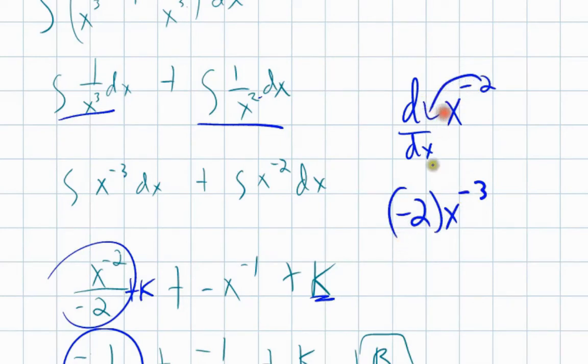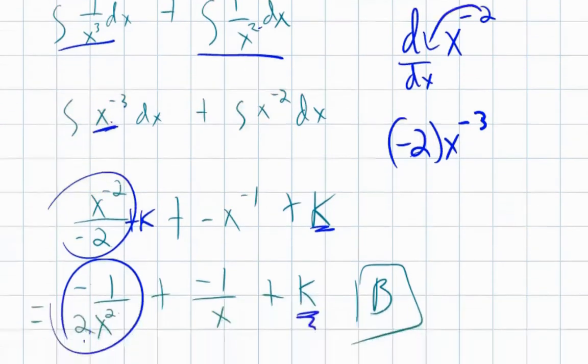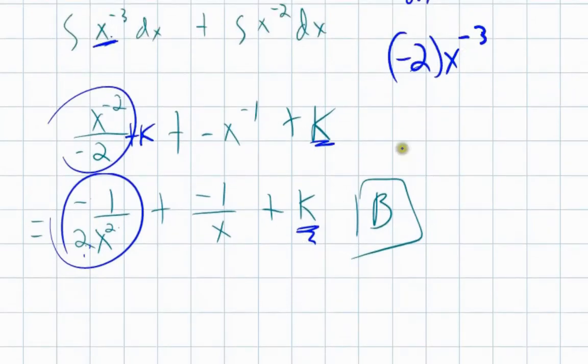Because this comes down, and then I subtract 1, which is almost where that started, but they don't have this negative 2 here, so I have to put negative 2 on the bottom here, so they cancel each other out. So you have to practice with your derivatives so you can think backwards like that and figure out what you would have started with to get here. But like I said, you arrive here, and so your answer is option B.